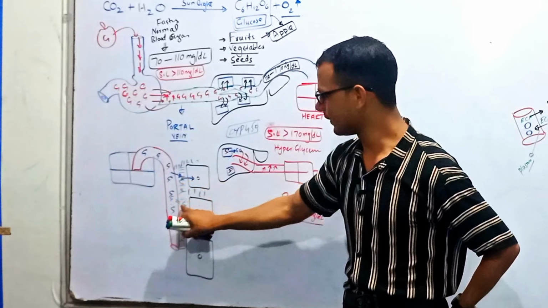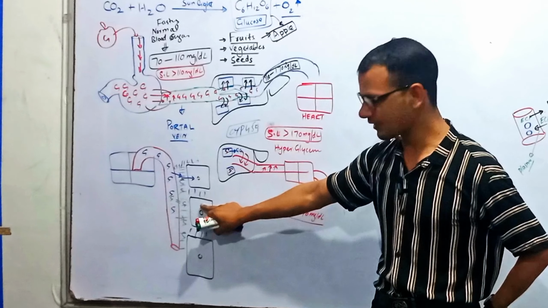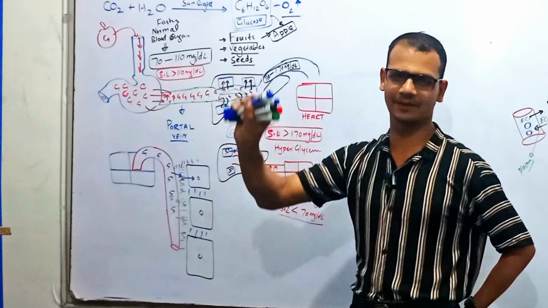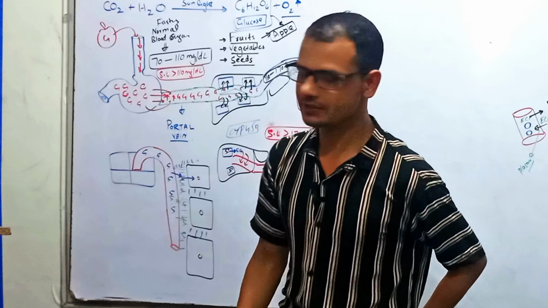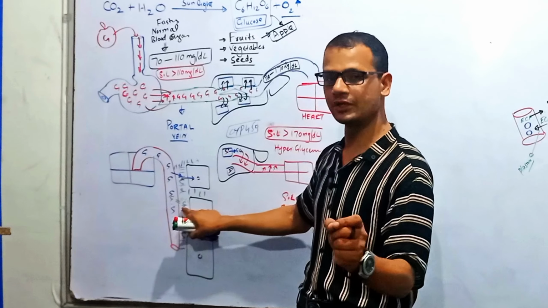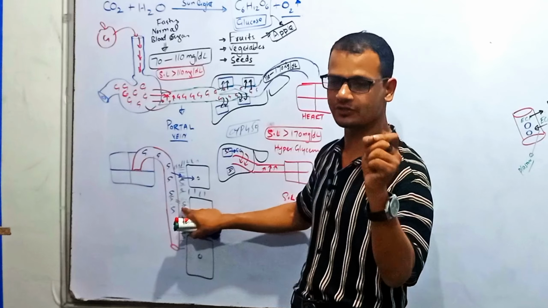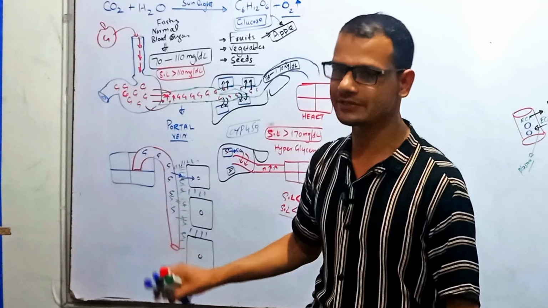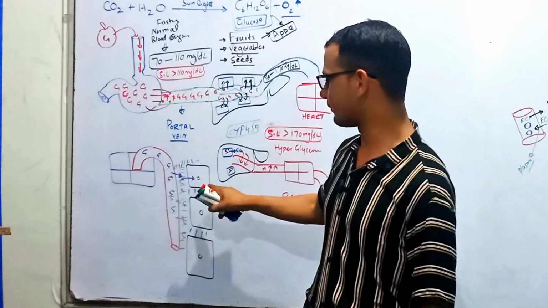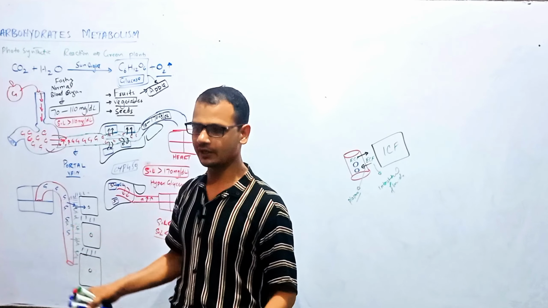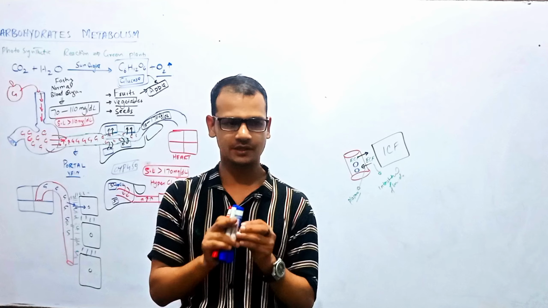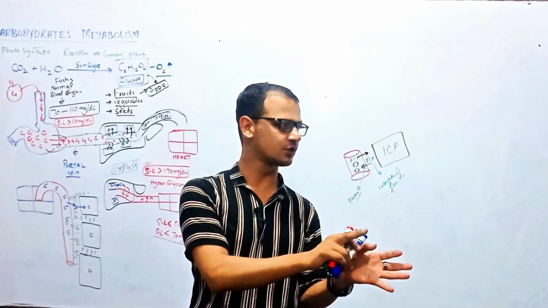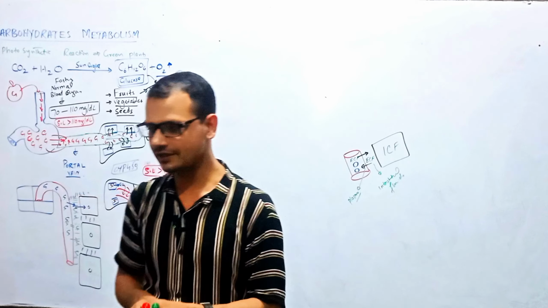But in intracellular fluid, this concentration will never be the same, right? Because this glucose needs a well-defined transport system by which it can enter into the cell. This is the point where we will discuss the glucose transporters, the entry of glucose from the extracellular fluids or from the blood into the cell.